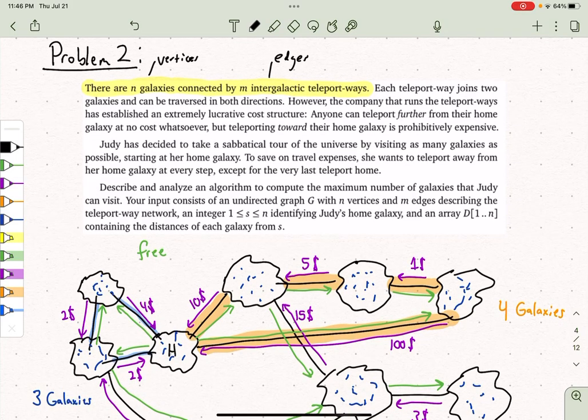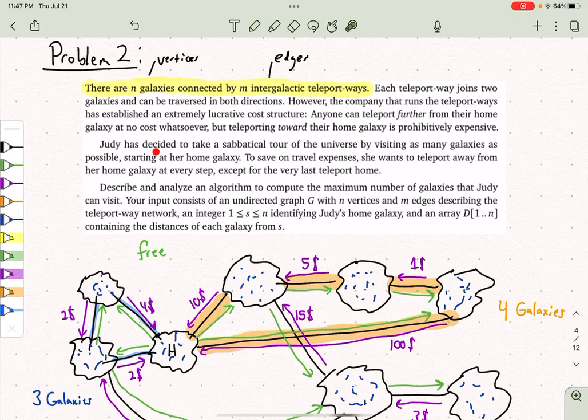And the idea in this problem is each teleport way joins galaxies, and they can be traversed both ways because it's a teleporter. There's no reason why you could only go in one direction. But the issue is if you teleport further away from where you started, there's no cost, but teleporting towards where you started is expensive.